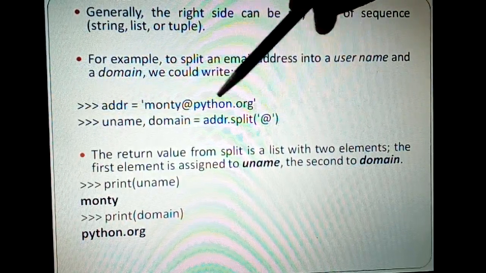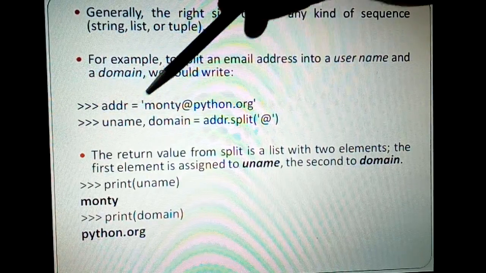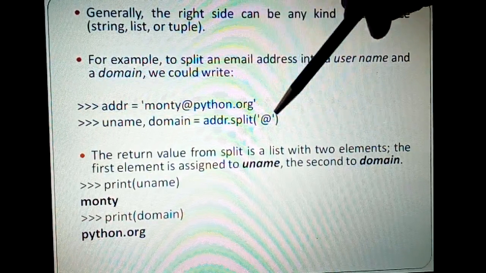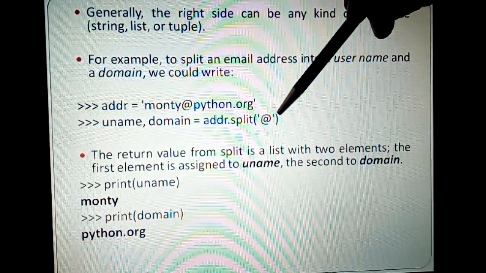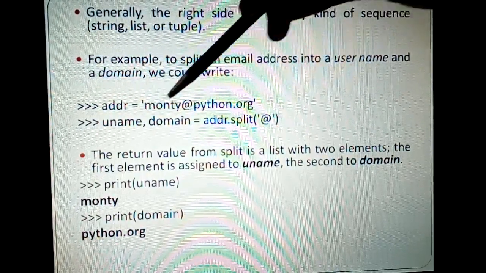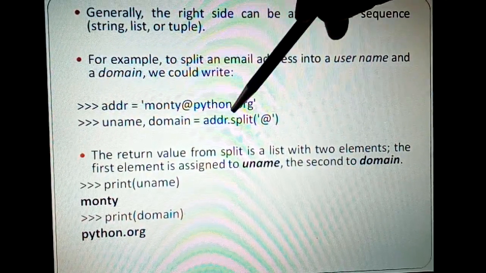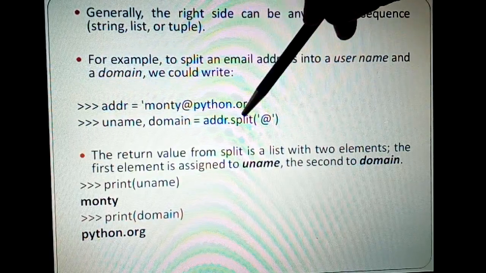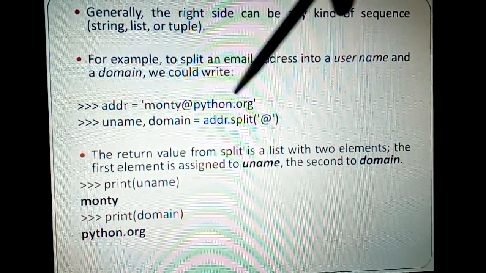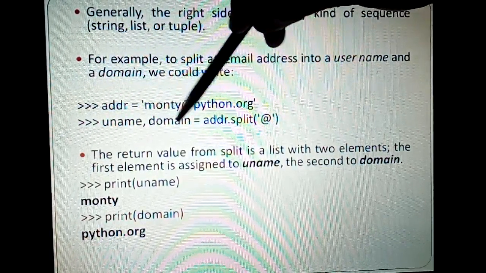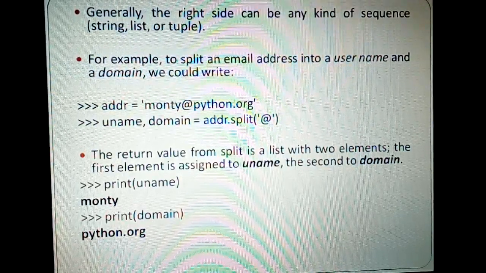Now what is this split? It is going to split this entire email ID with the help of the @ sign into 2 parts. One is the username, another is the domain. So finally it will return the username into uname and python.org into domain.